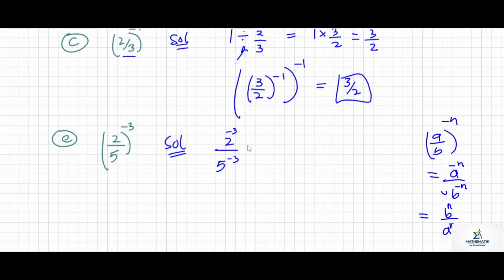Here it is also a similar type, no? When 2 goes into the denominator, you change the power: 2 raised to 3 and 5 raised to 3. So 5 raised to 3 is 5 into 25, which is 125, and 2 raised to 3 is just 8. So 125 divided by 8.